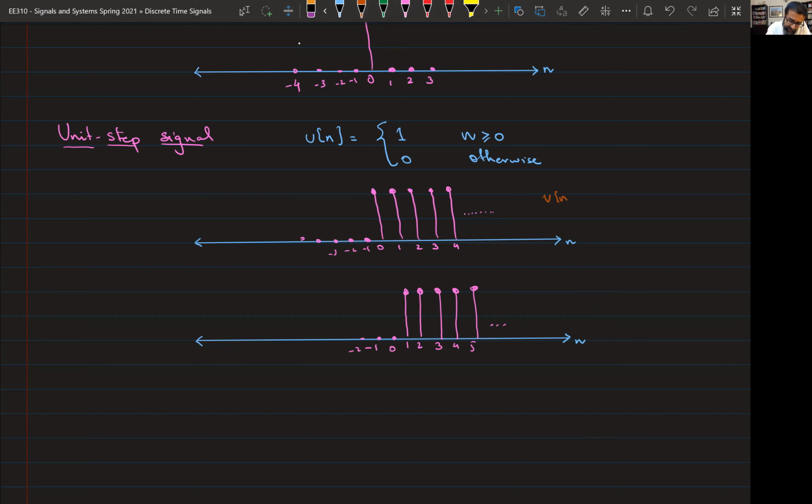What about the signal down below? What is this signal down below as a function of u of n?